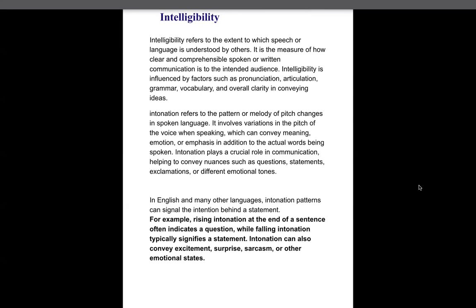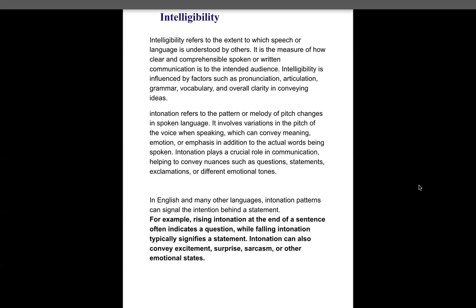So for example, when you're asking a question, the tone is different. And when you're assertive, your tone is different. And whatever you want to be with the patient, for example, if you're explaining something, your tone should be different. And if you want to explain something which is very important, your tone should be different.